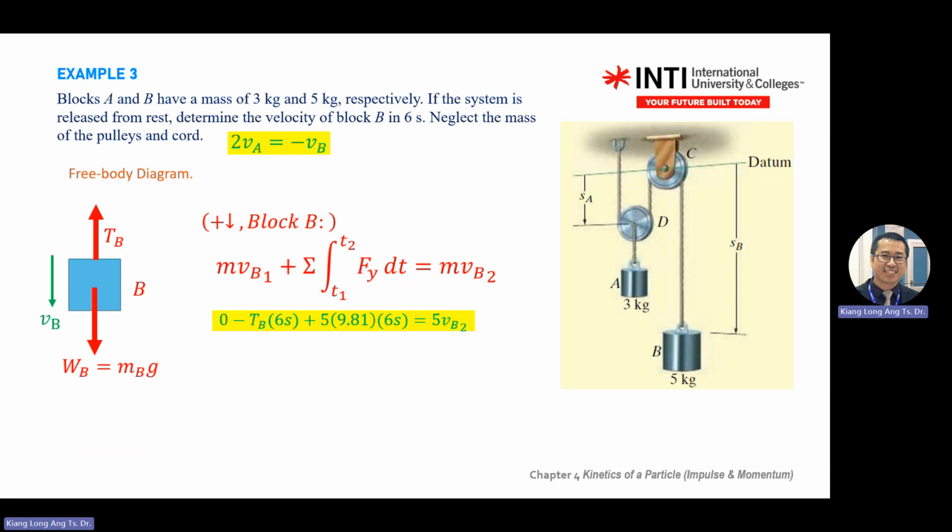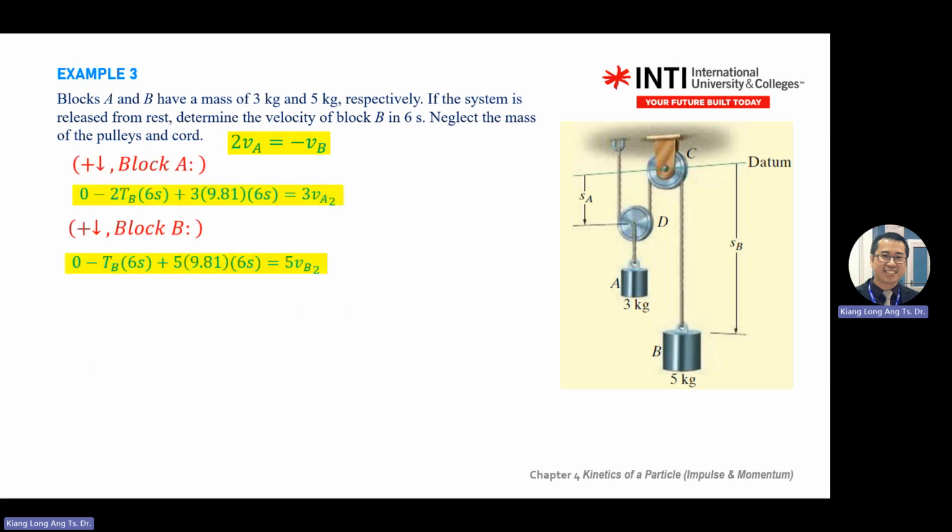And this one again, down is positive. That's why your TB is negative in this way. TB negative, down W positive, mg multiplied by 6 seconds, equals 5 VB2. So we have two equations: TB equals something VB, and you can solve simultaneous equations.